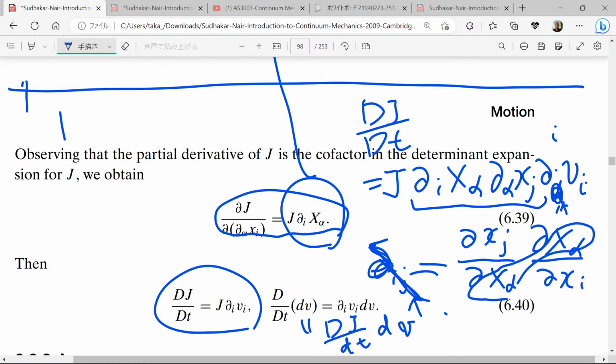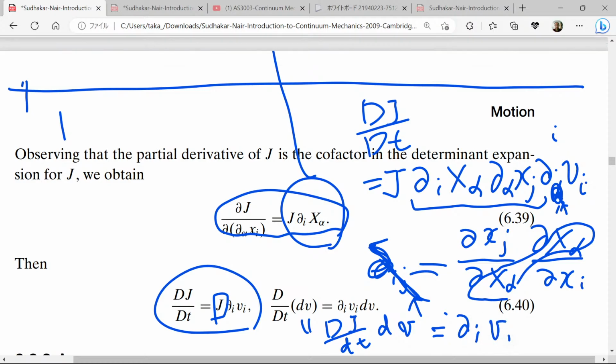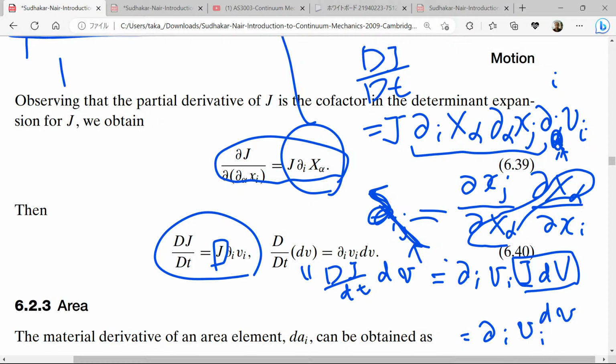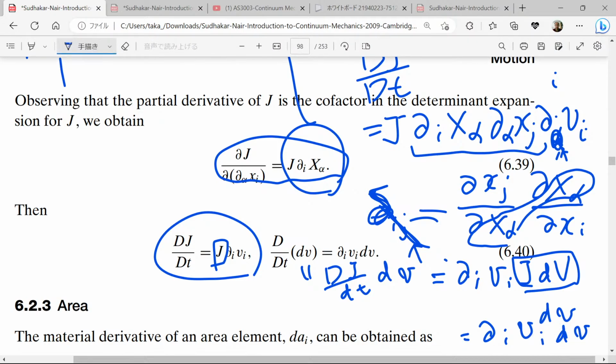Okay. So where does this j go? Okay, so then this is like this. Partial i, vi, j dv. And this j dv is small dv. So this is partial i vi dv.